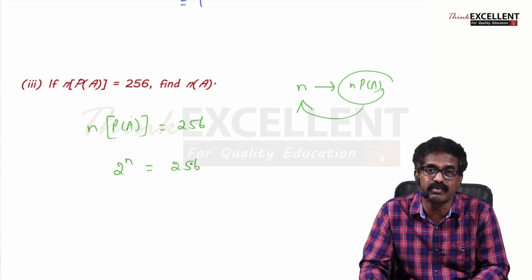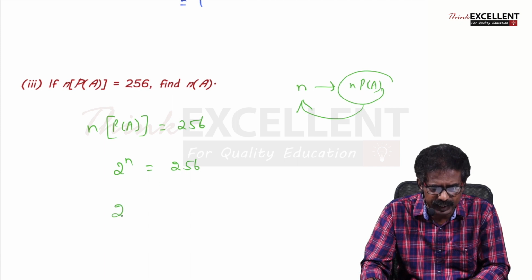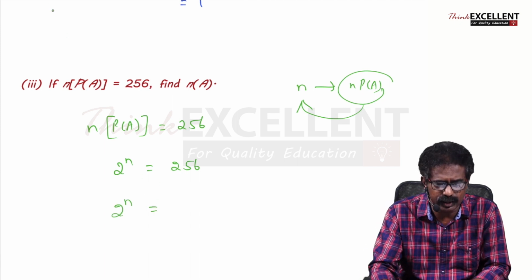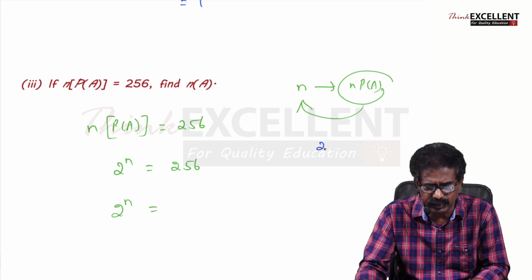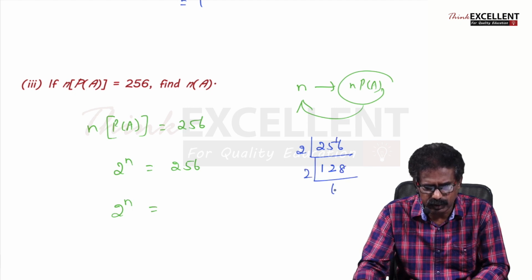So with this, you cannot find the n value directly. The left side is 2 raised to n, so on the right side also you write 2 raised to something. 256, you divide by 2 table. Prime factorization you have studied in the lower class, right? 256 divided by 2 is 128. Again 2 table, 64.